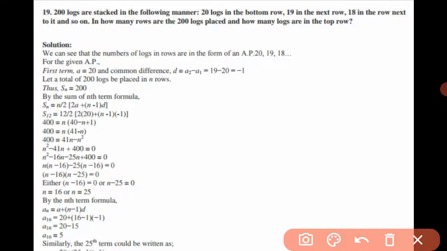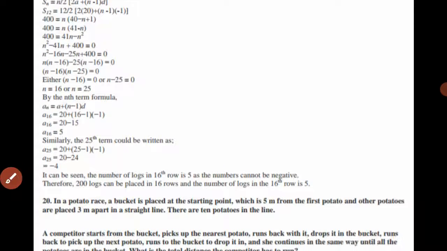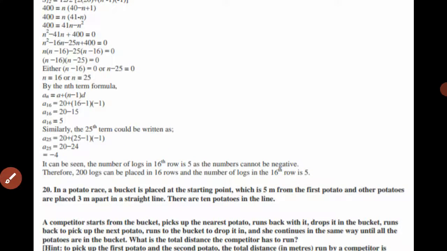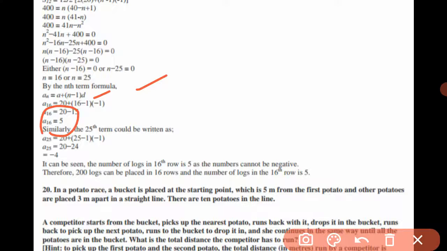So the value of n will be 16 or 25. Now we have to check whether the value of n is 16 or 25. By the nth term formula, an equals a plus (n minus 1)d, a16 will be 5. Similarly when we put n equals 25, the value of an will be equal to minus 4.